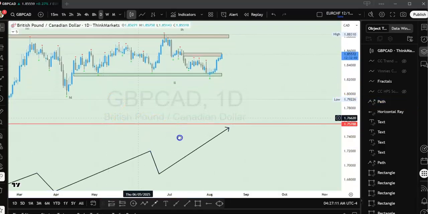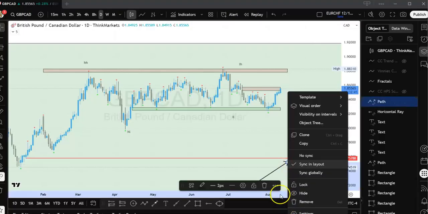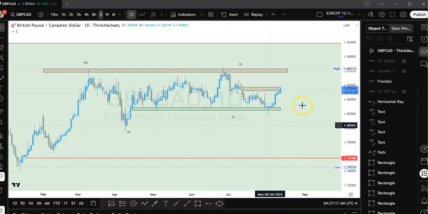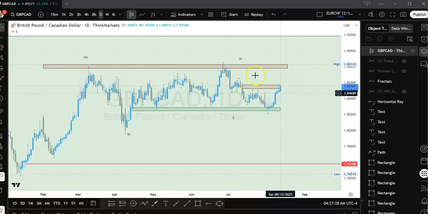Okay, so now on the daily you can see what else is happening, a clearer picture. On the daily, price is consolidating, it's going up and down, it's not really making new highs. What I'm probably looking to do is maybe wait for price to come all the way up here and then sell it.